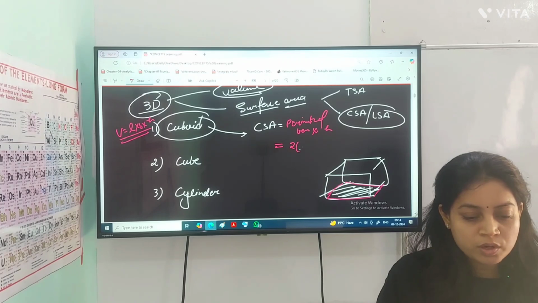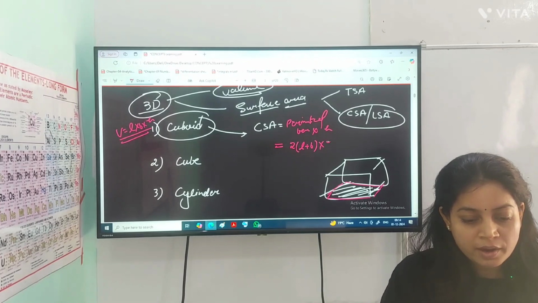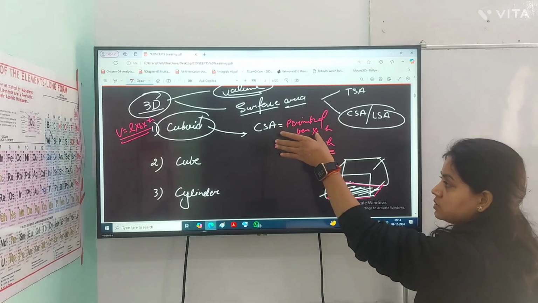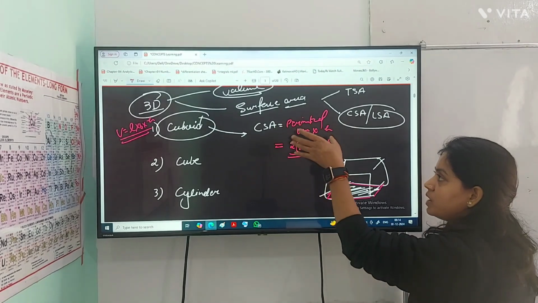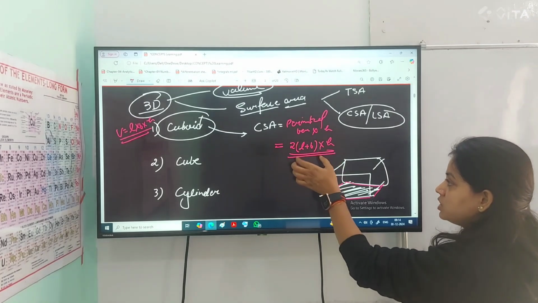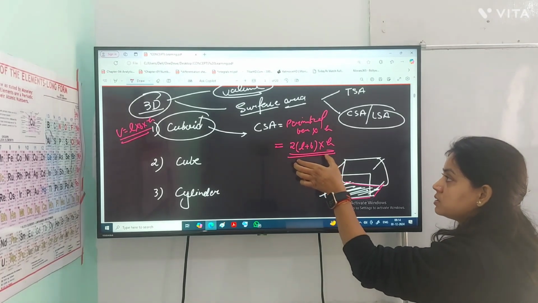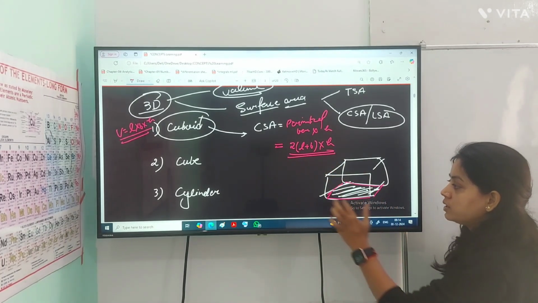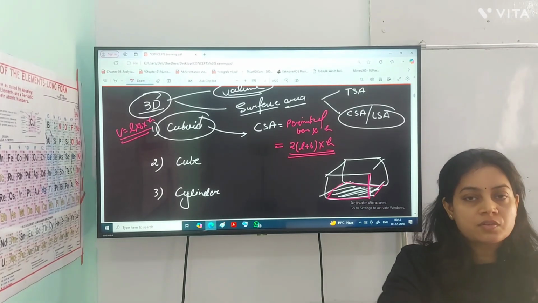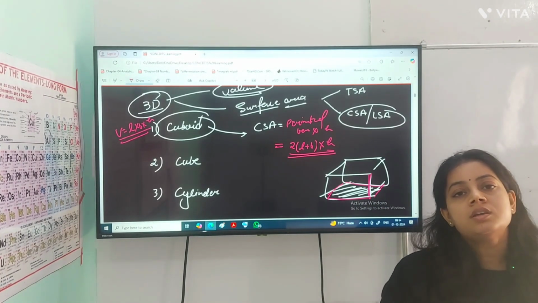So the perimeter of the rectangle we all know is 2 into (L plus B), into height. This is the general formula: curved surface area is the perimeter of the base into height. Perimeter of the base I am taking as 2 into (L plus B) because it is a rectangle, multiplied by height, and you will get the curved surface area.